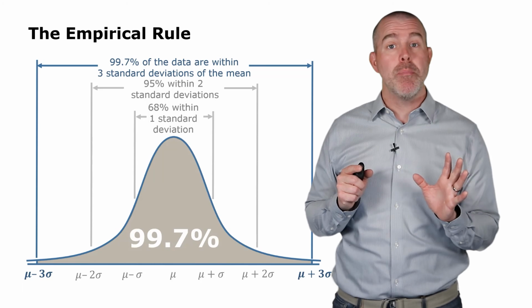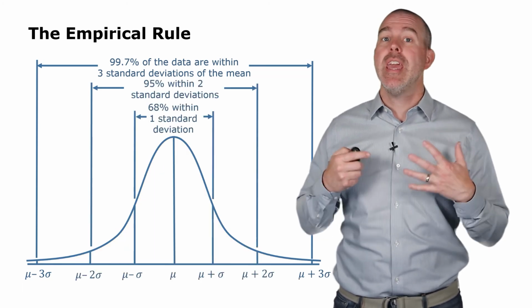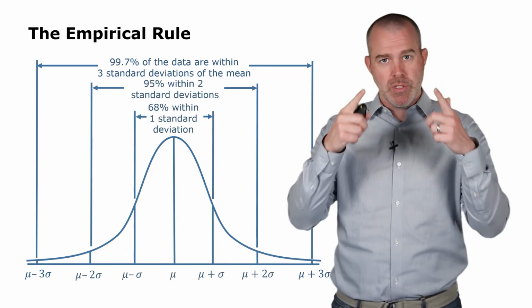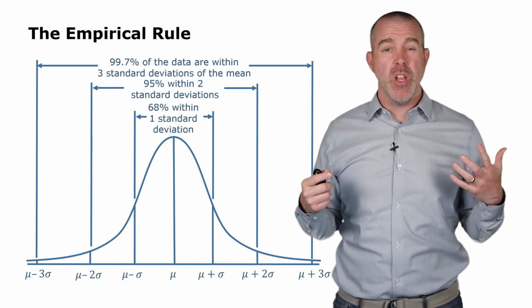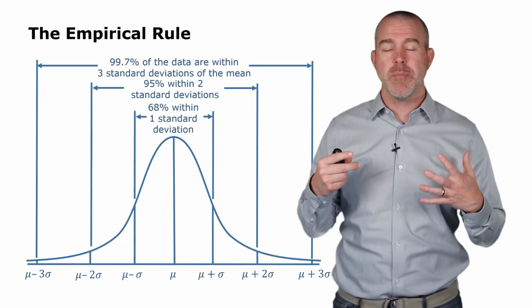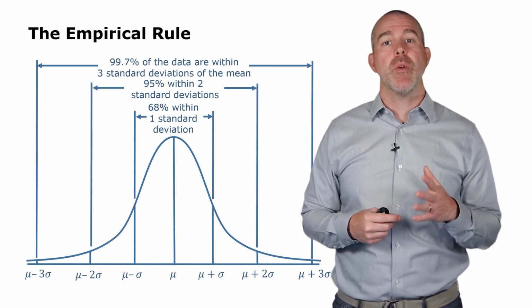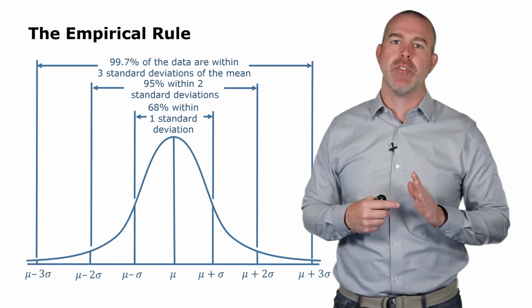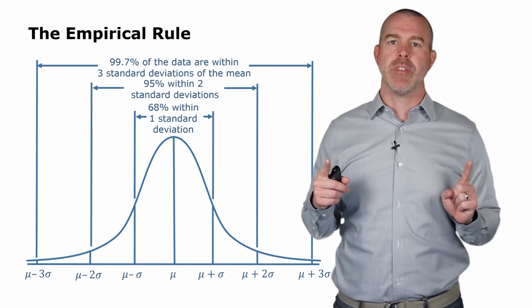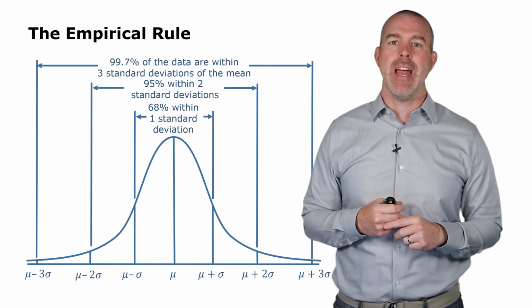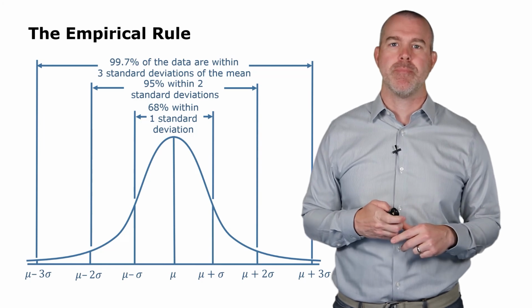Again, this is called the empirical rule, and this is only if your distribution follows that bell-shaped curve or is close to it. Then you could say it's approximately those percentages: within 1 standard deviation is 68%, 2 standard deviations 95%, 3 standard deviations 99.7%.